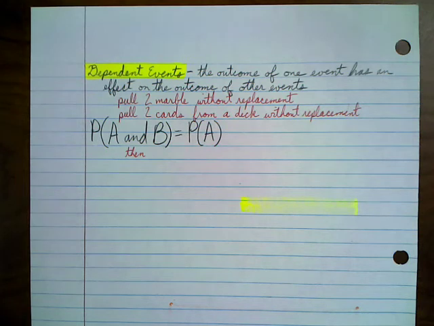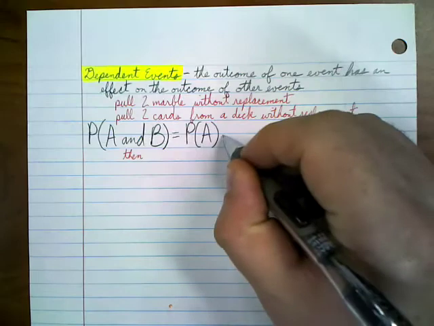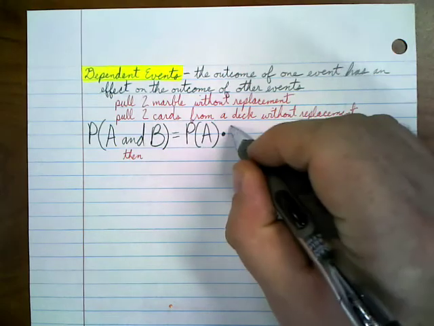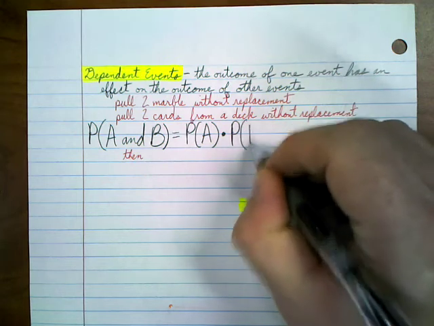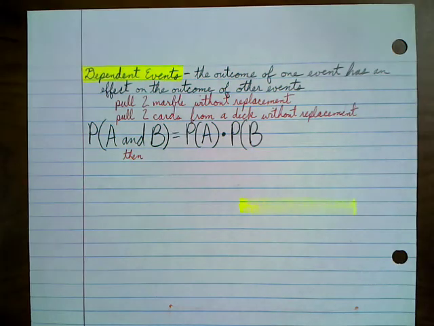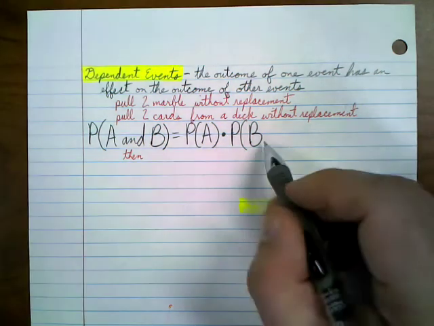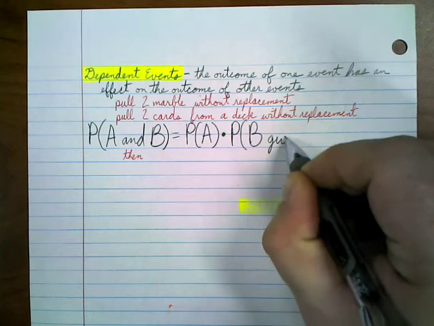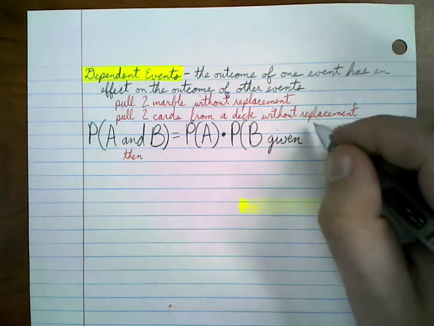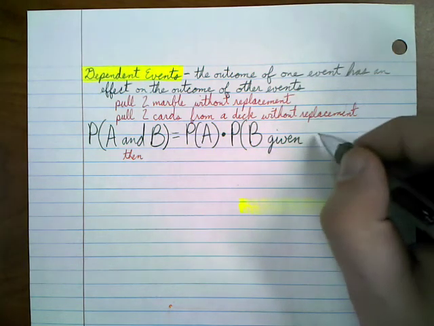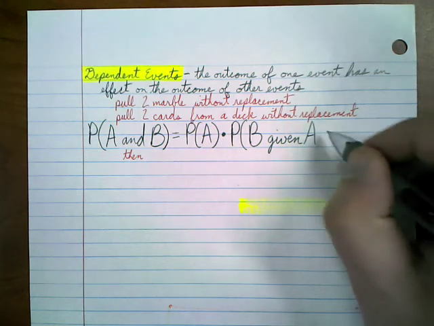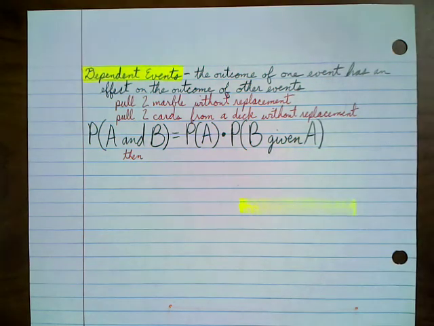However, because B is going to change, the way we write this for dependent events is we say the probability of B given A. We can't just write the probability of B because it's no longer the same as what it was before.